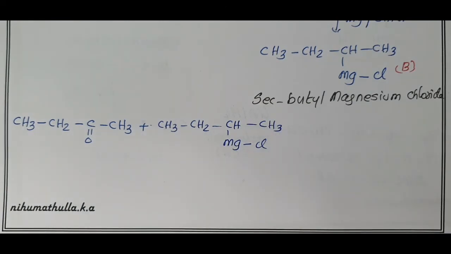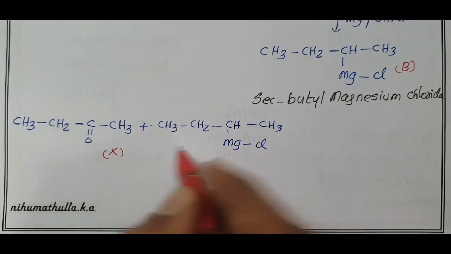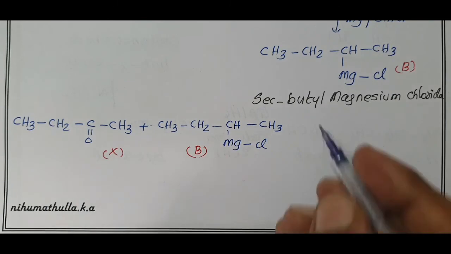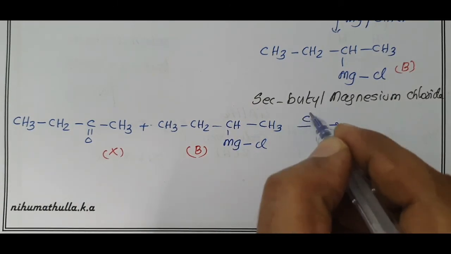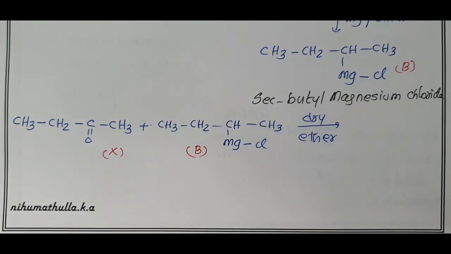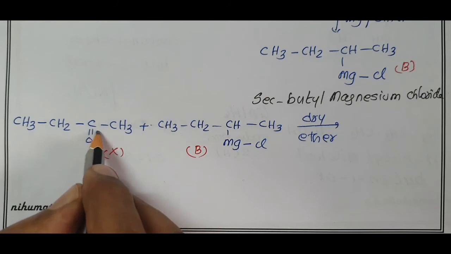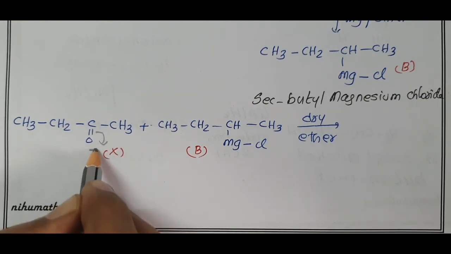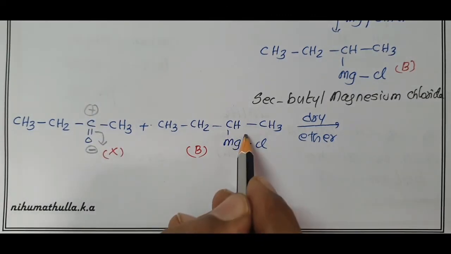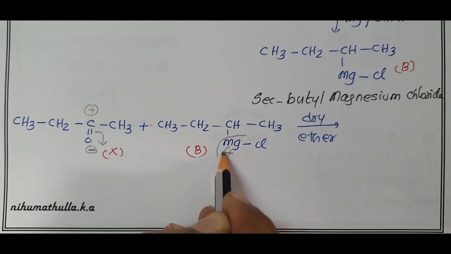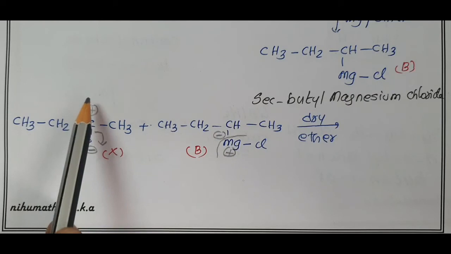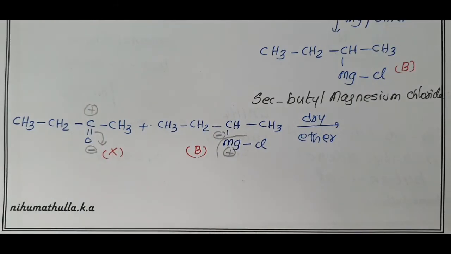Compound X, butan-2-one, undergoes reaction with B, secondary butyl magnesium chloride, in ether. An addition product is formed. What is that addition product? Oxygen is more electronegative, therefore it pulls the shared pair of electrons towards itself. Oxygen becomes negative, carbon becomes positive. Magnesium is a metal, always loses an electron and becomes a positive ion, and the carbon is a negative ion. Add the whole secondary butyl to this carbon, MgCl to this oxygen.